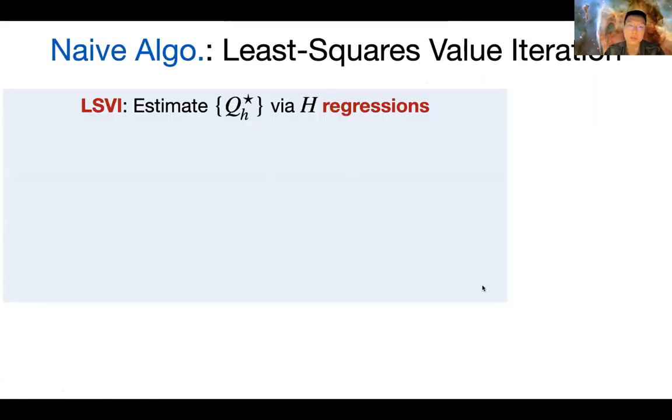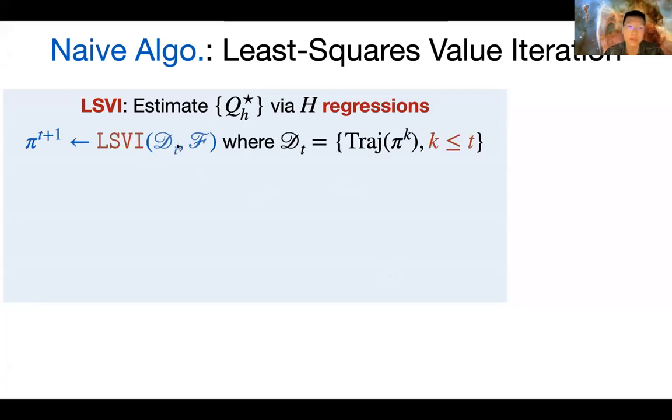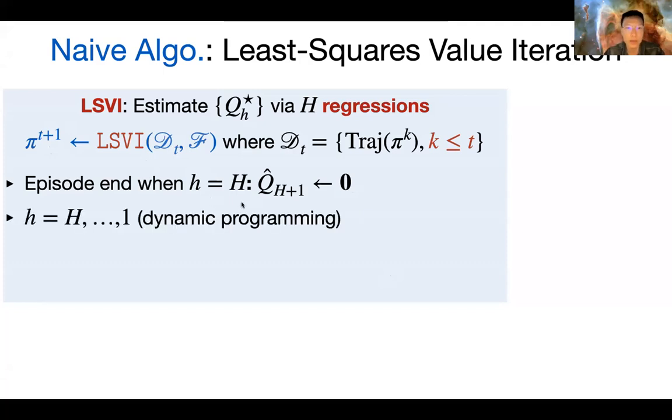In terms of how to get this updated policy, a classical algorithm is called least squares value iteration, which takes the current data set and the function class as the input and gives as output an updated policy by fitting H regression problems. It's a data-driven analog of the Bellman's equation. Recall that the very last value function is a zero function.